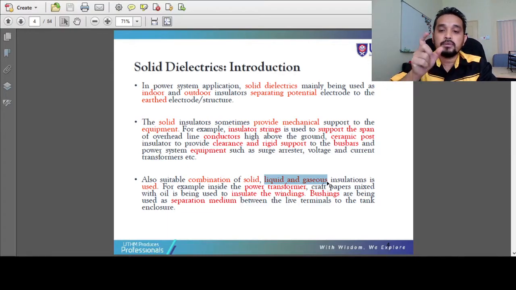For the transformer, we have paper insulation, which is a solid insulator, to wrap the coil, and within the tank we also use liquid. And the external part of the transformer has a bushing, which is a solid dielectric. That is what we classify as the combination of several types of dielectric materials: insulating, winding, bushing, and so on.